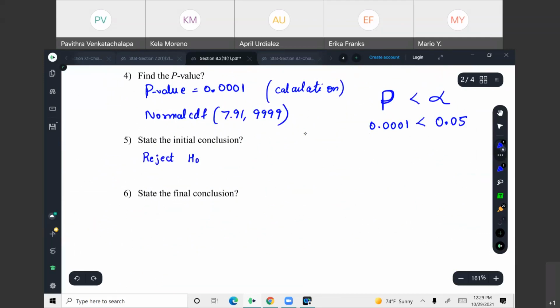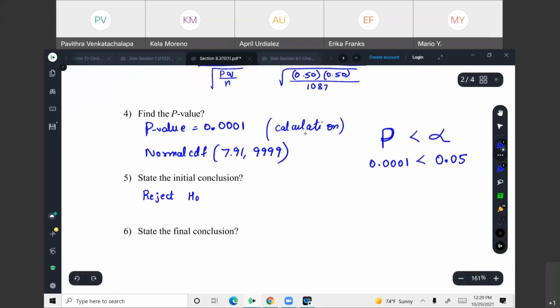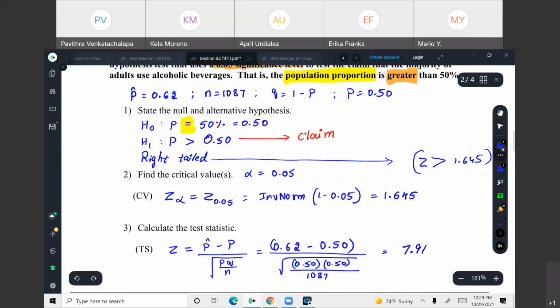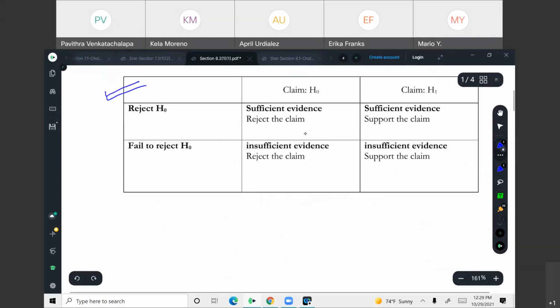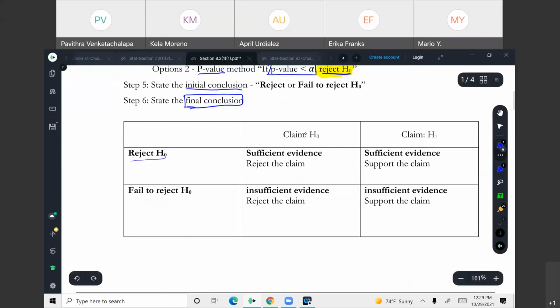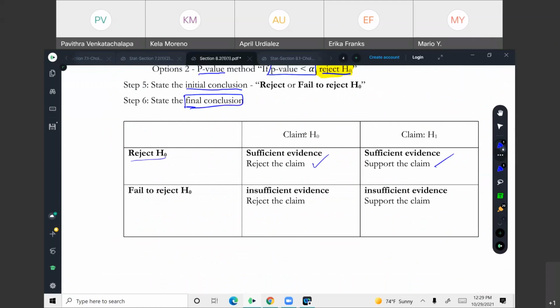Okay, right? Now, I need to state my final conclusion. How do I do that? We have a table here. Now, this says if you are going to reject H naught, you have two options. The first two. Now, which one should you choose? Depends on the claim, right?